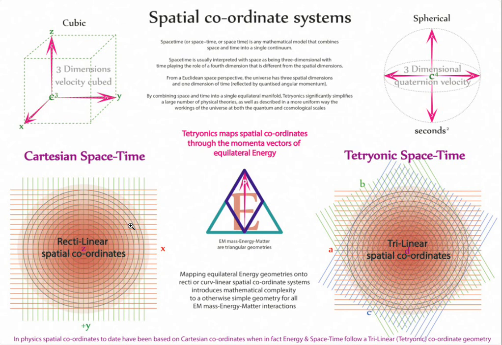Tetryonics obviously goes to much finer detail in that we use equilateral geometries of mass, energy, and through the interaction of charge with the mass, energy geometries, we create three-dimensional matter geometries, and we can map these with either rectilinear or trilinear spatial coordinates within either Cartesian or Riemannian spherical geometries.